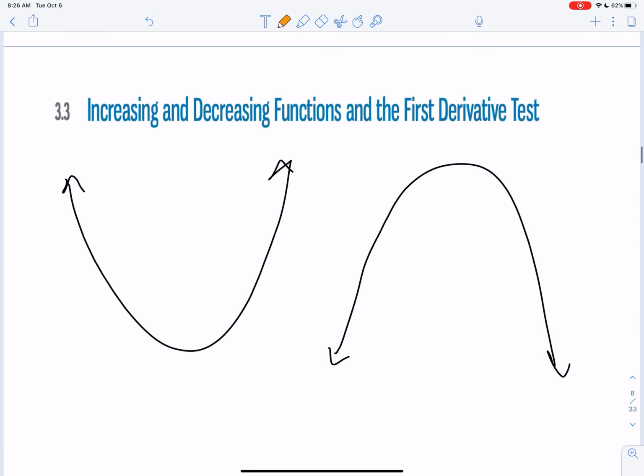So we can notice something else here. So here I have two pictures. Okay, and you guys can draw this out as well.